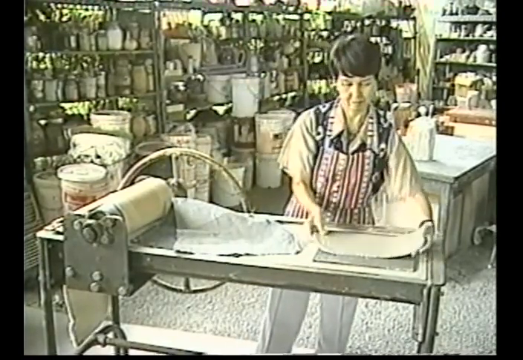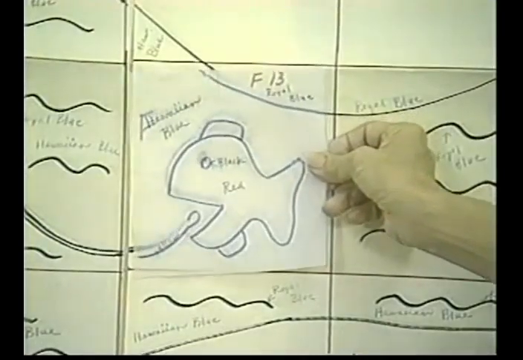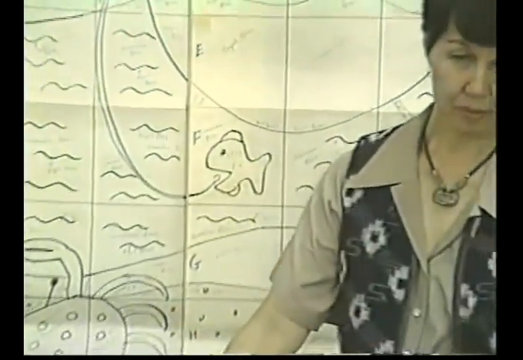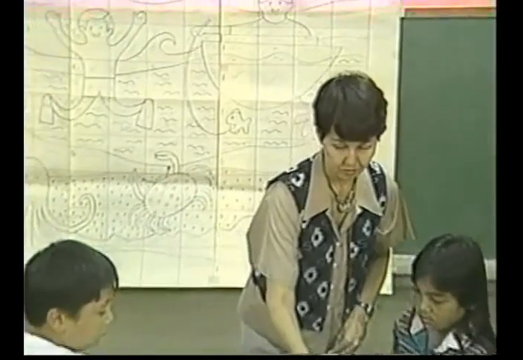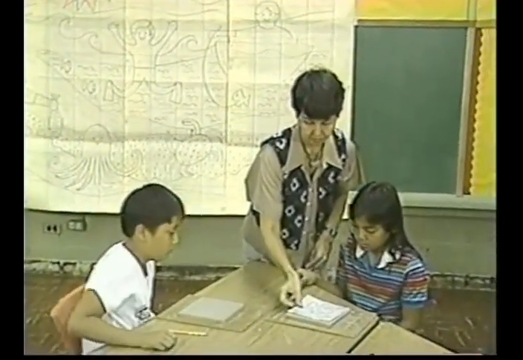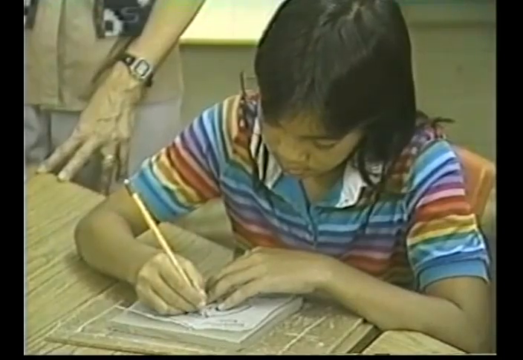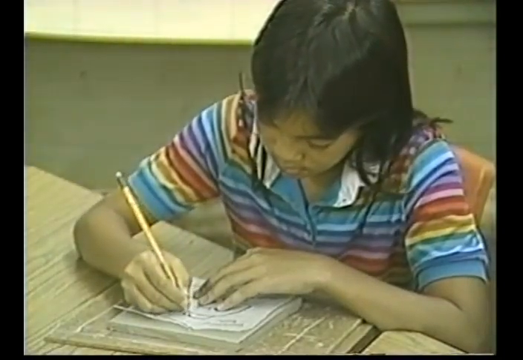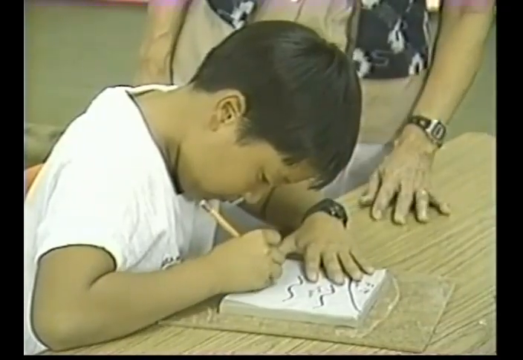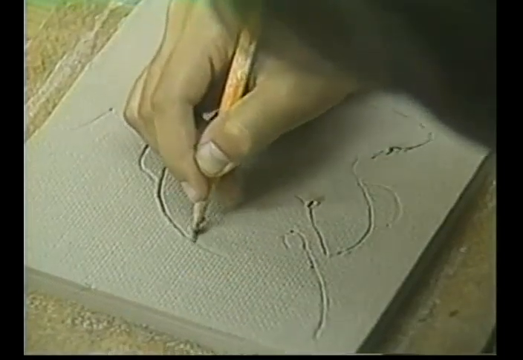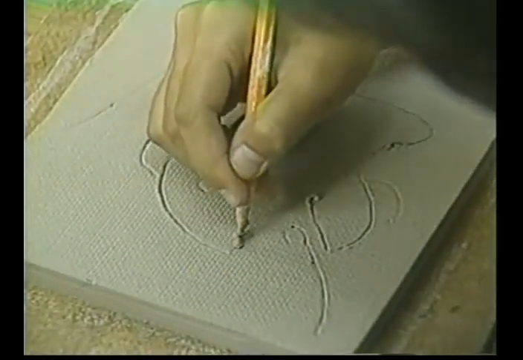The students were given individual tiles. They traced the designs taken from the full-scale drawings onto the tiles. These transferred designs were carefully traced onto the clay. The tiles were dried and then they were ready for bisquing.